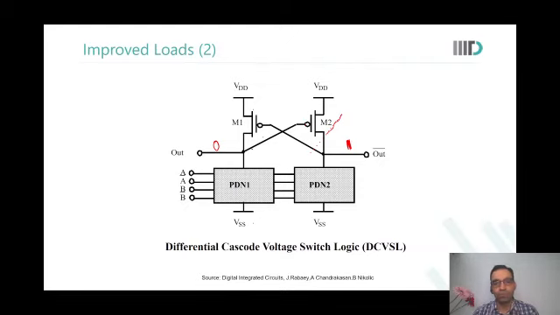Sir, I have a doubt in the adaptive load. My doubt is, why can't we give the enable bar to both PMOS? When the enable goes away, suppose you wanted to store a 1 on the output, what will hold the 1?